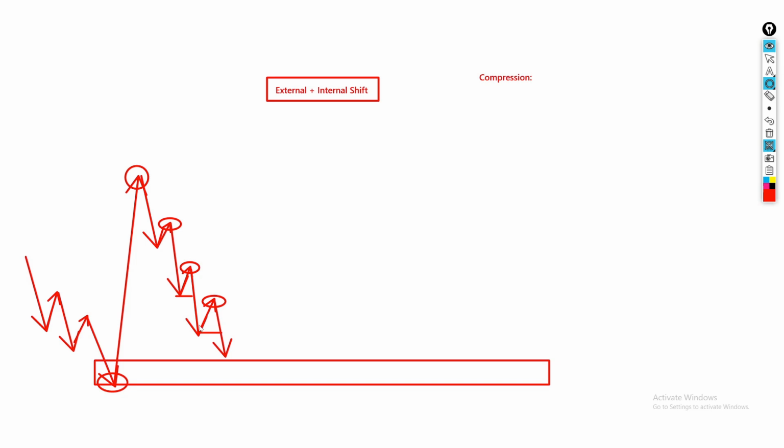You want to be watching what move caused the low that is currently being made, and you want to look at that. And once you identify it, you can very well see in this case that the move that made the low is this high over here, so you want that to break first, and this is going to be known as your external shift, right?